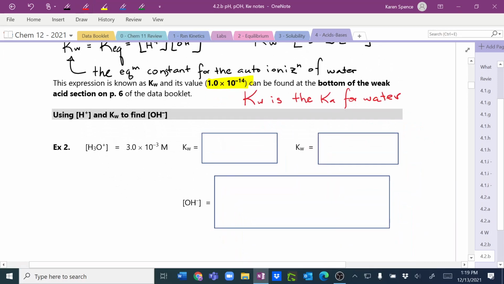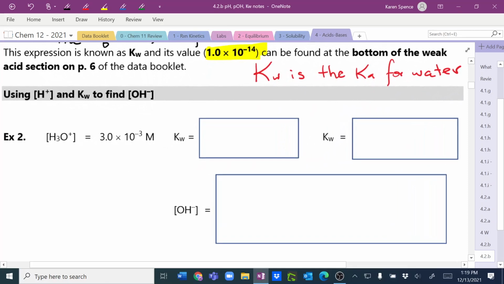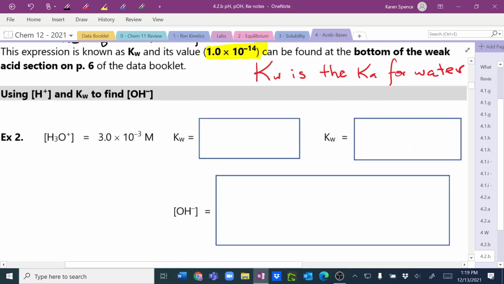So super useful, this KW. So if I give you a hydronium ion concentration like this one, 3.0 times 10 to the minus 3, we can use our KW equation.